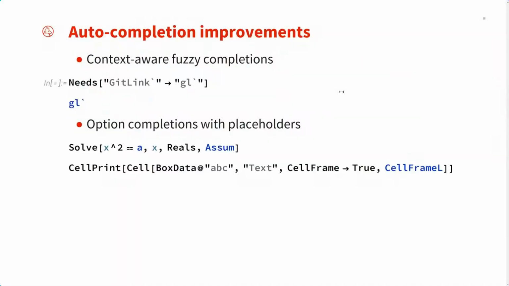There we go. So now we have assumptions, which are reasonable assumptions. I might want to constrain some variable to reals or integers or to be positive or something like that. But which variable?